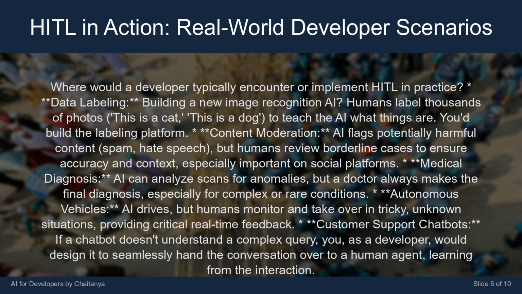AI flags potentially harmful content, spam, hate speech. But humans review borderline cases to ensure accuracy and context, especially important on social platforms. Medical diagnosis. AI can analyze scans for anomalies, but a doctor always makes the final diagnosis, especially for complex or rare conditions.